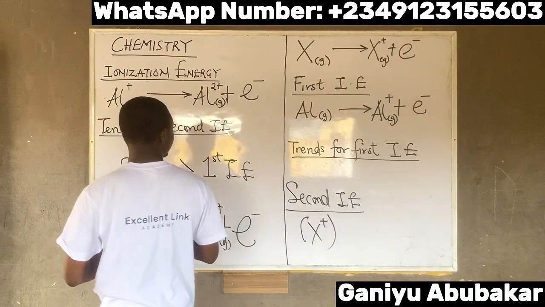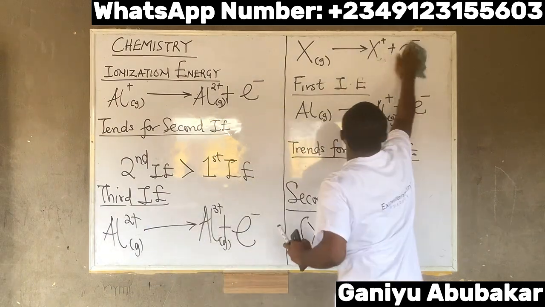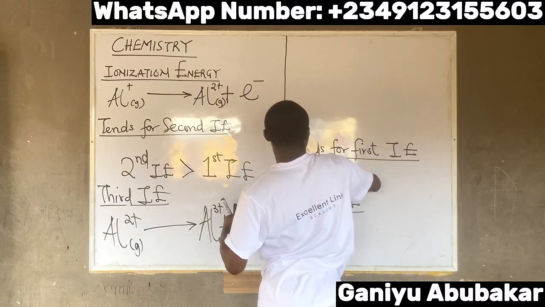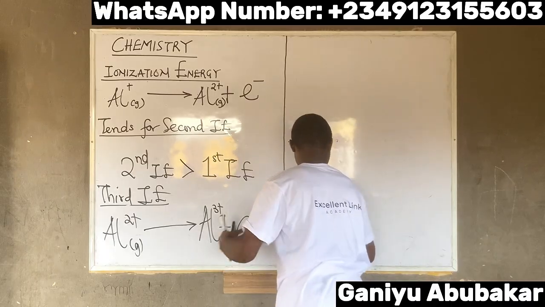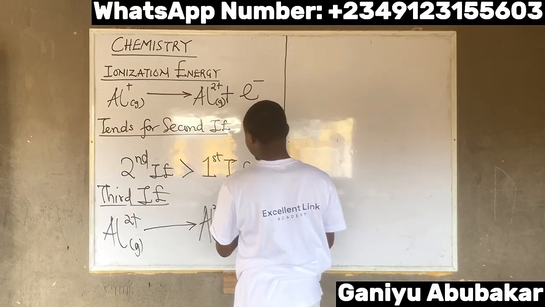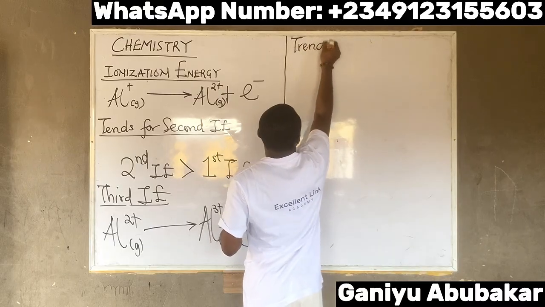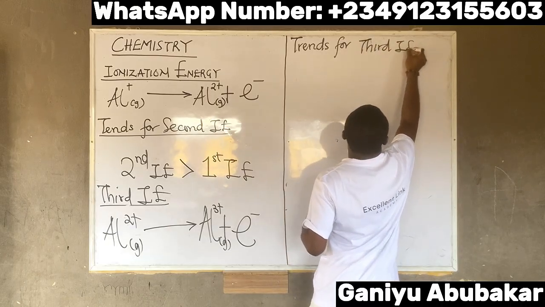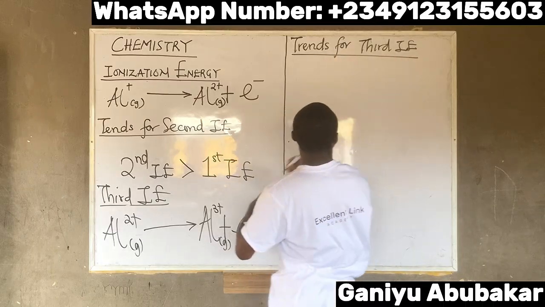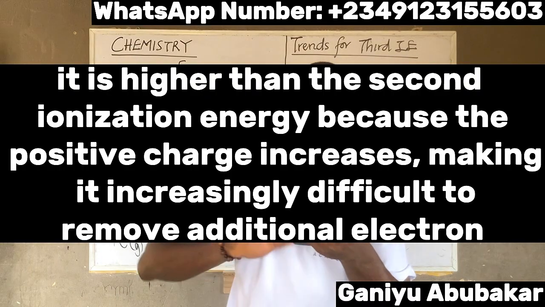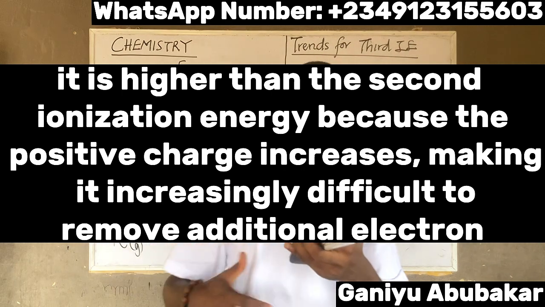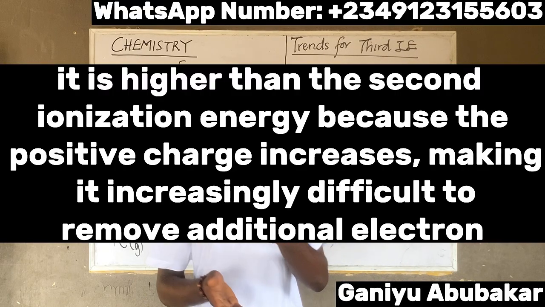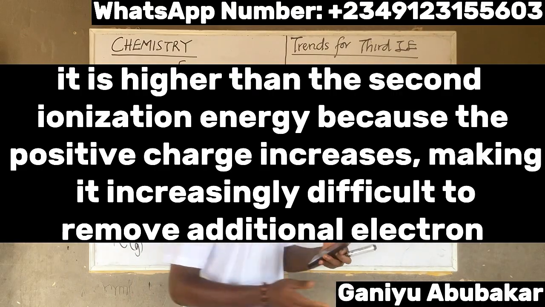The trends for third IE: it is higher than the second IE because the positive charge increases, making it increasingly difficult to remove additional electrons, as I explained earlier.